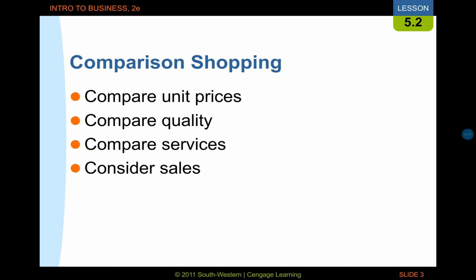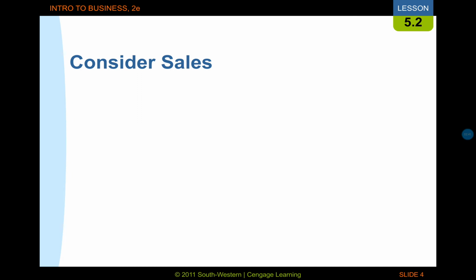And then you can also consider the sales. So let's take a look at what that means. There are different types of sales. There's a promotional sale. Those are typically found in new stores that are trying to promote their store and their products.